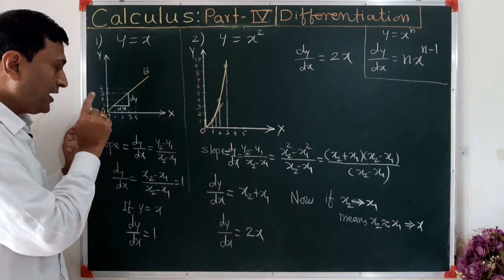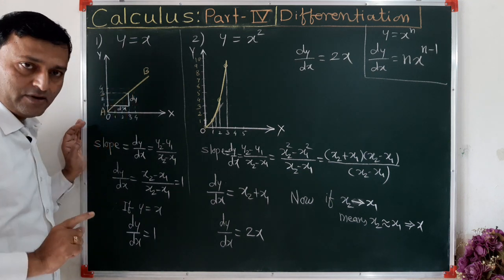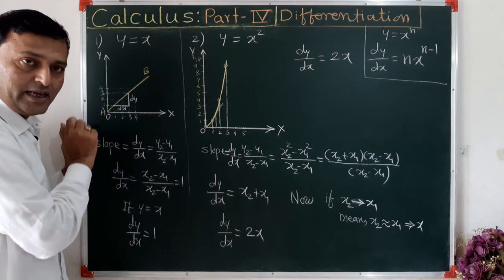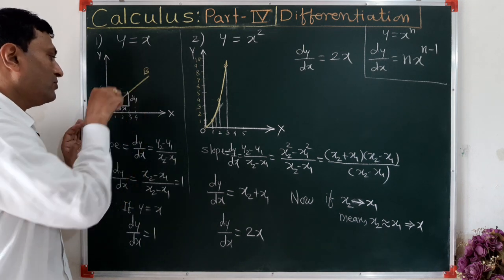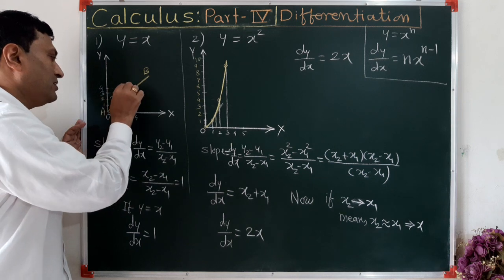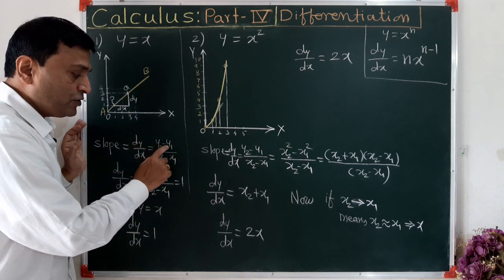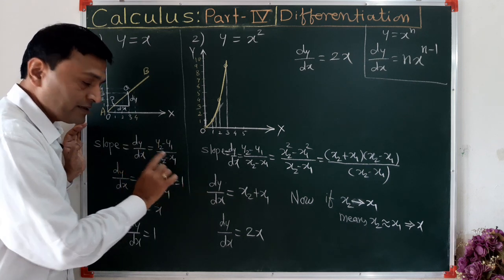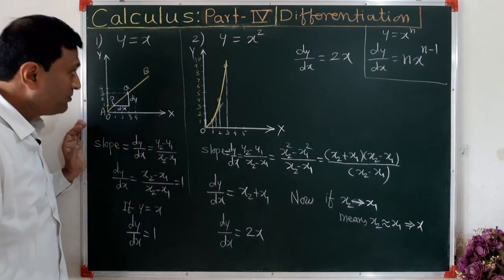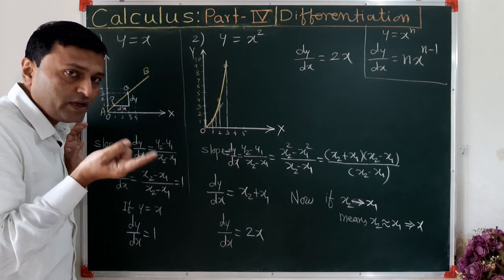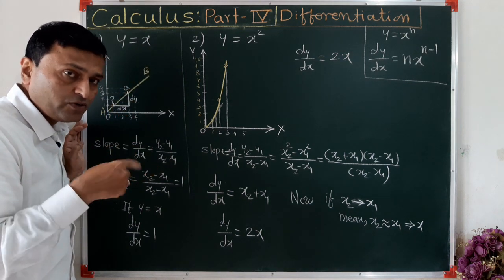Now I want the slope of this graph. What is slope? dy by dx, the difference in y upon the difference in x. I have taken these two points, P and Q. Difference in y means y2 minus y1 upon x2 minus x1. But y is equal to x, so y1 is equal to x1 and y2 is equal to x2.